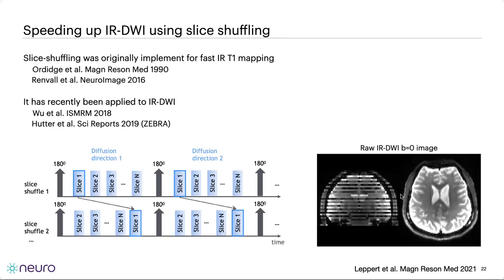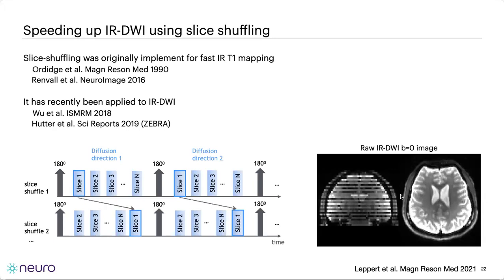When we repeat the sequence, we simply shuffle the order in which the slices are acquired, okay? And so they now have a different inversion time in the second acquisition. But it means that as a whole, it really accelerates our multi-encoding acquisition technique, right? So we implemented this at 3T, and we're now able to do the entire brain in 13 minutes.